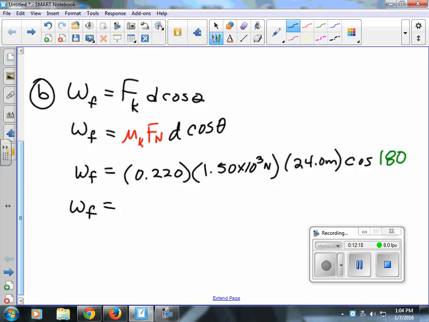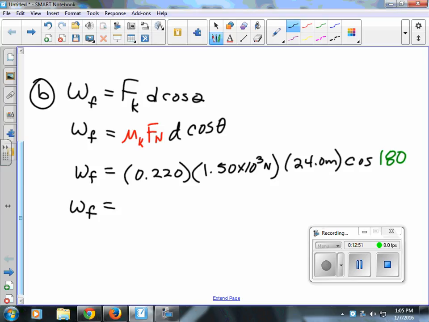Alyssa, push on your book across the table. You did positive work because your force is in the same direction as the distance moved. But friction is always opposite motion, so that means it's doing negative work. Are you okay with that? And then the cosine of 180 proves it mathematically.